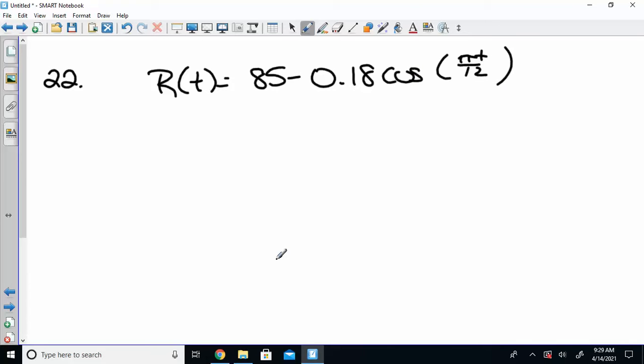What's the total basal metabolism over a 24-hour period? So this is the rate. If I want the total amount, what are you going to have to do to your rate? Integrate. A rate is a derivative, so if I want the amount, you have to do the antiderivative. T is in hours, and we want a 24-hour period, so we'll integrate from 0 to 24.